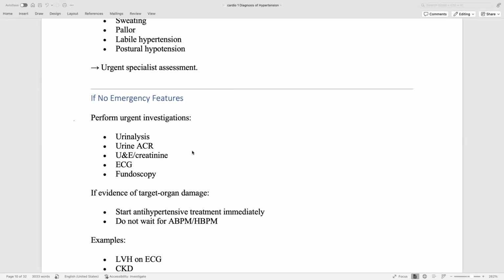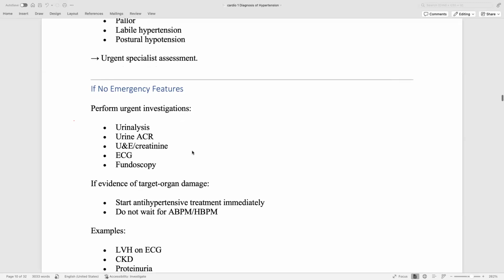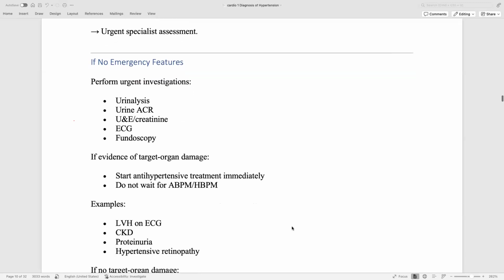If there is target organ damage. If there is no target organ damage, maybe this is just temporal elevation. There is no guarantee. It needs an immediate treatment now.